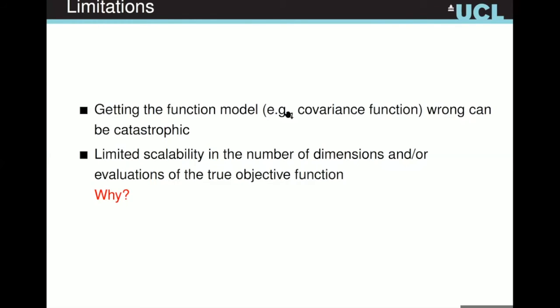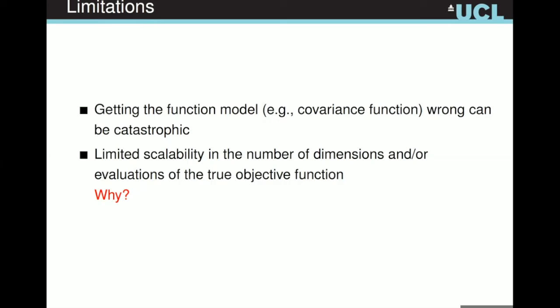One of the restrictions, which I did mention earlier as well, is that we are limited in the number of dimensions, which means the number of parameters we can optimize at the same time, and the number of evaluations of the true objective function. I want to know whether you have some ideas of why we are limited in the number of dimensions or the number of evaluations of the true objective function.